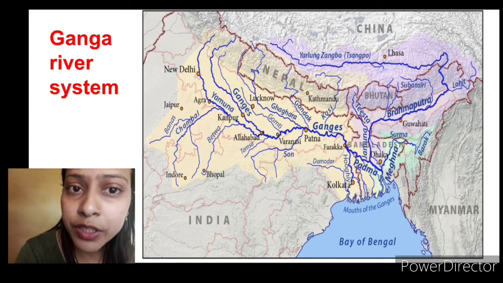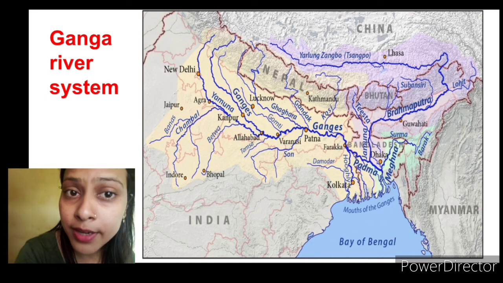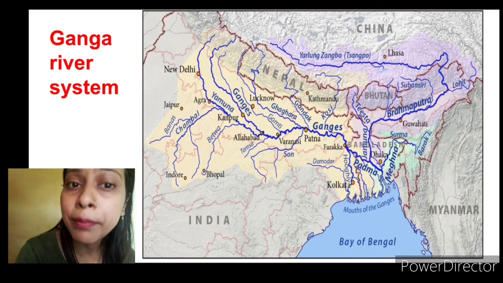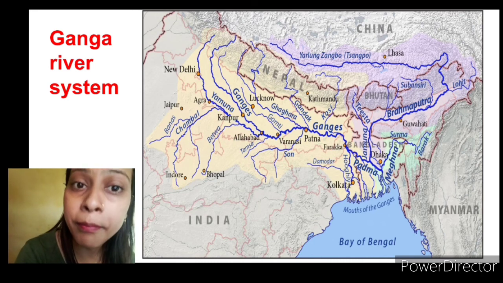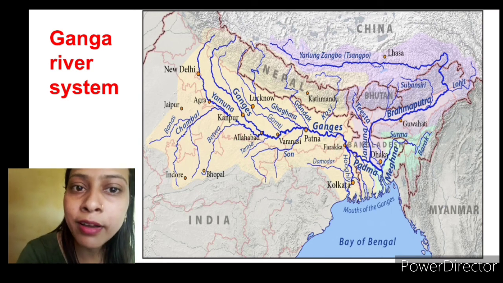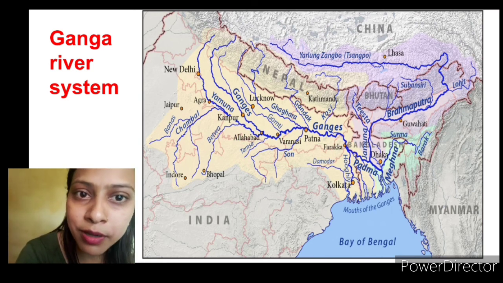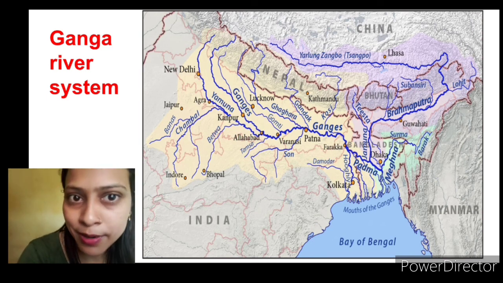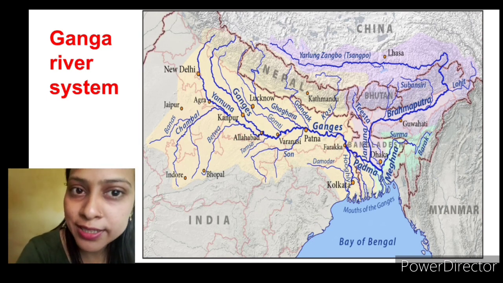One flows southward, which is Hugli Bhagirathi, and the other part which flows to Bangladesh is known as Padma. And when Padma in Bangladesh is joined by river Brahmaputra, then they become Meghna, and they flow southward through Bangladesh to the Bay of Bengal, and then they make one of the world's largest deltas, that is Sundarban Delta. So that is all for today's class.